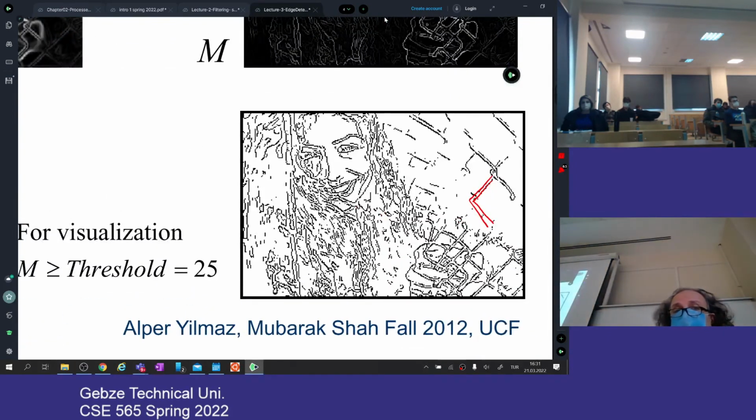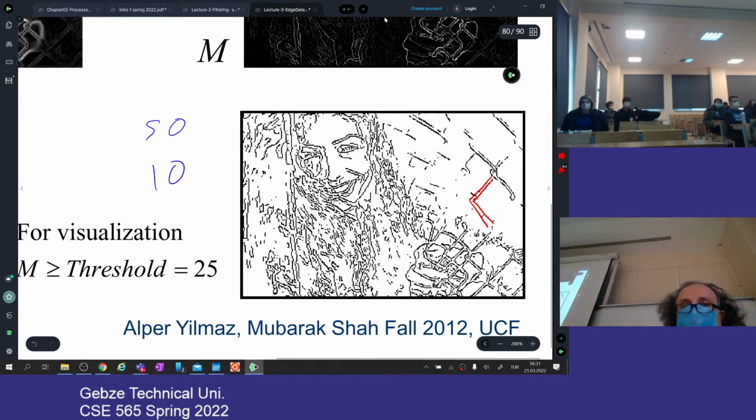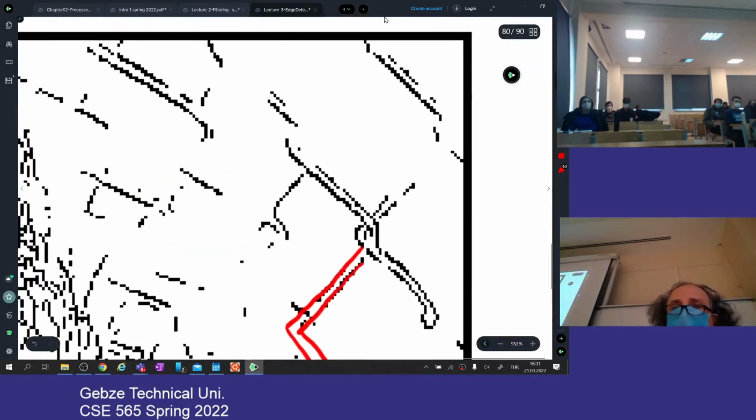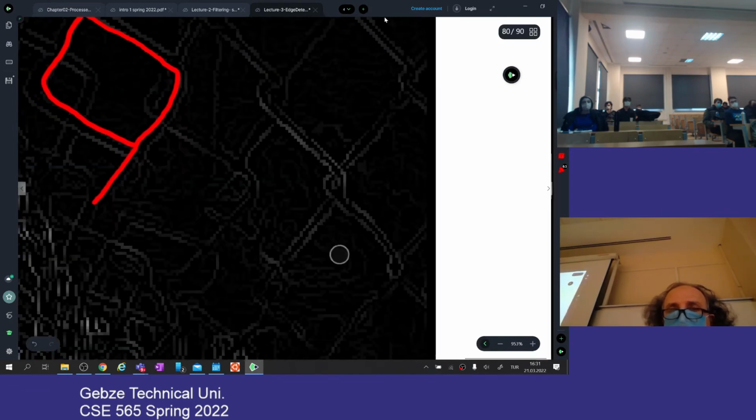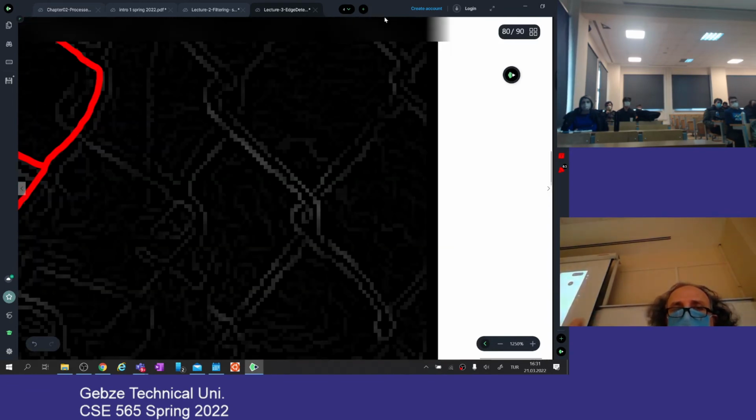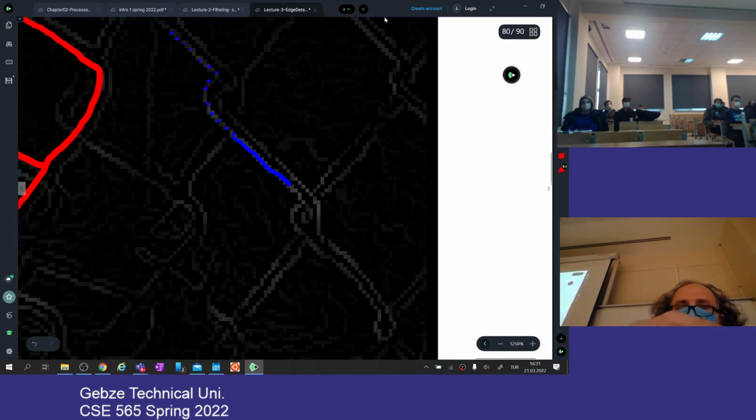Instead, choose two different thresholds, 50 and 10. Anybody above 50 is a good edge. But if you are in a chain, I know that this part is good because they are all above 50, but these are all connected to 50, and they are about 25.